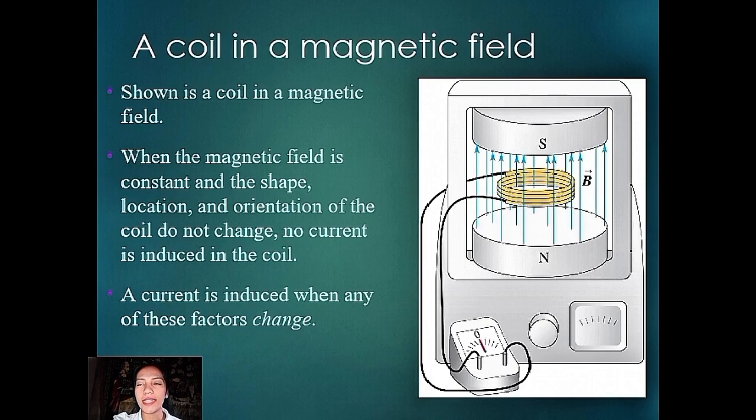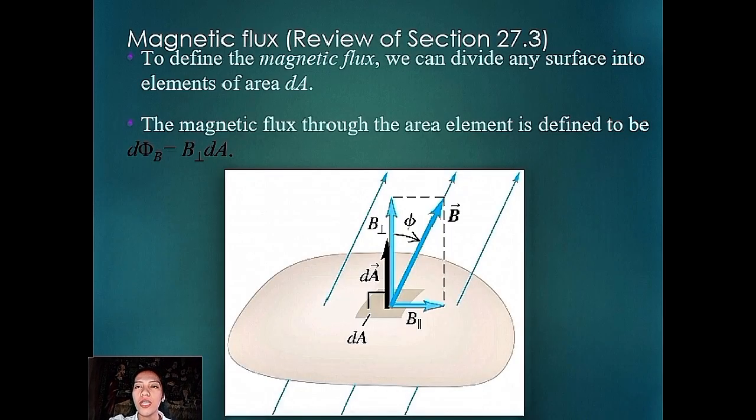Next slide is the magnetic flux. Magnetic flux measures how much magnetic field passes through a surface. It depends on the magnetic field strength, the area, and the orientation of the surface.